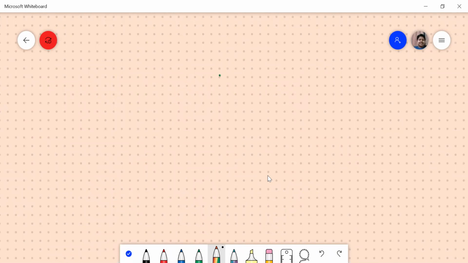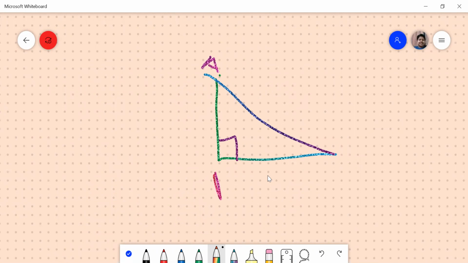What do you see on your screen? A right angle triangle. Am I right? With base at B and C and the origin at B. Can anyone tell what the hypotenuse will be? Can anyone tell the base?